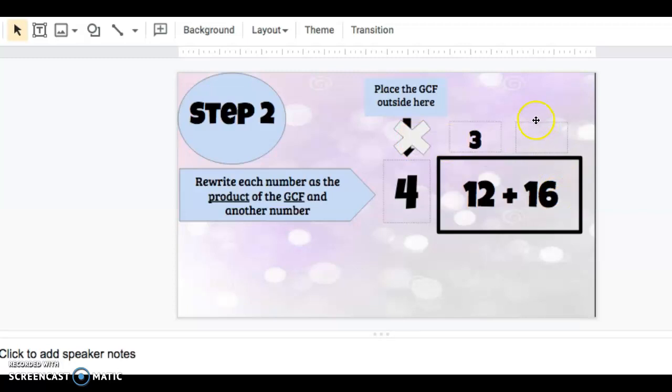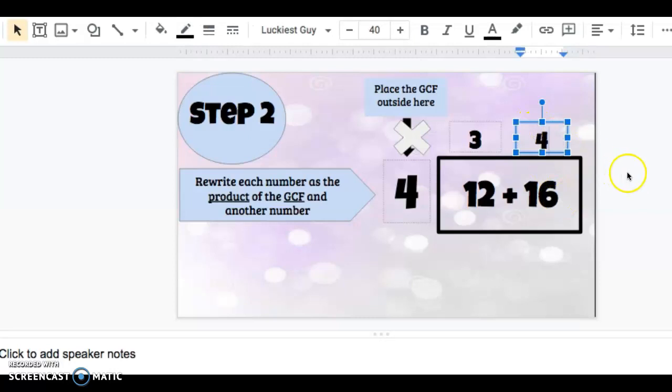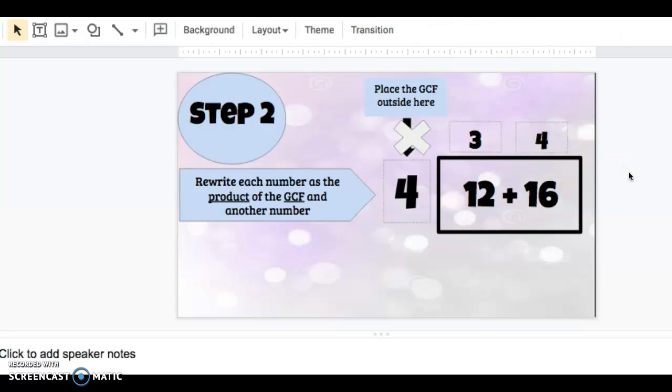So 4. So I put 4 up here. Okay, so that's what that means. All it's asking you to do is to use your GCF and come up with a number that will give you the product of the number they gave you in the original problem. So 4 times 3 is 12. 4 times 4 is 16.